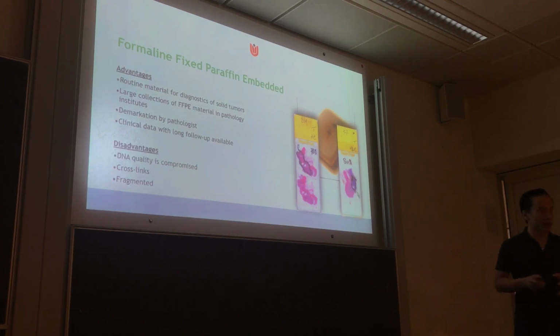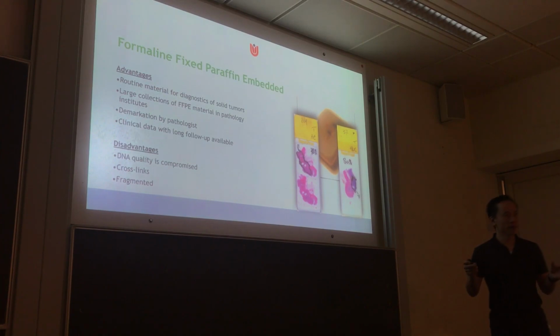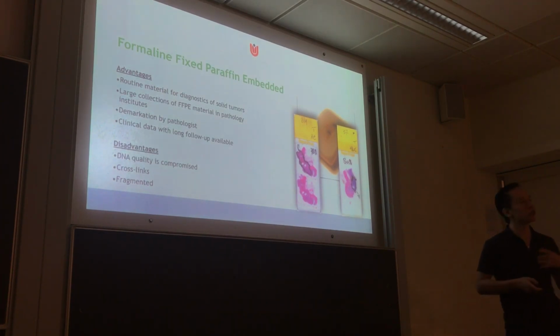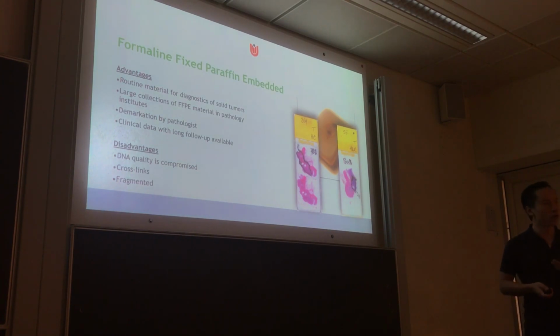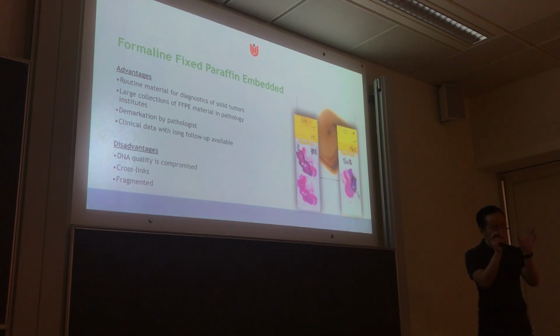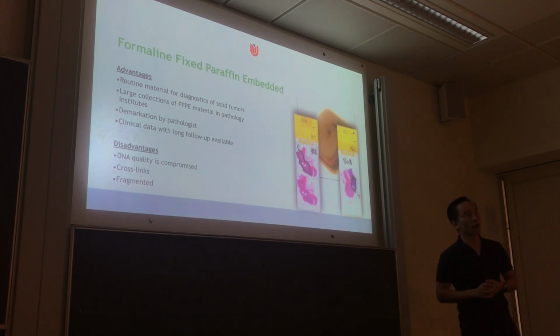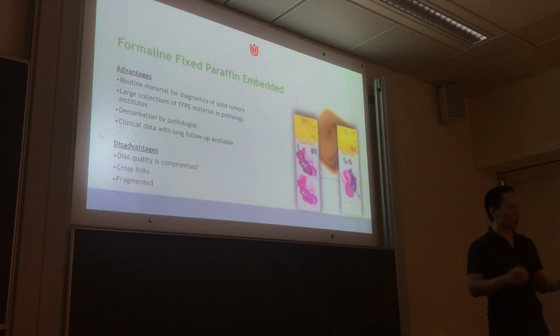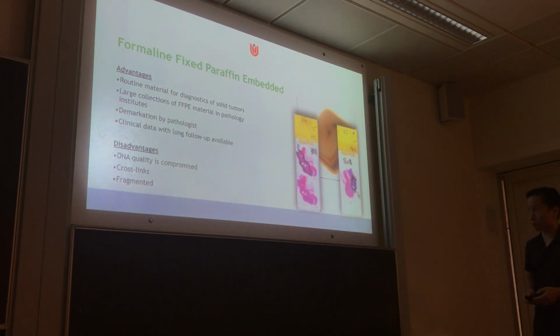And on top of that, the DNA is not anymore intact, so it's really cut up into millions of little pieces, which makes the analysis, of course, more difficult to perform. So just for instance, if it's a small piece of DNA originating from a highly repetitive region, we have no clue where to put it. But in the end, we can cope.